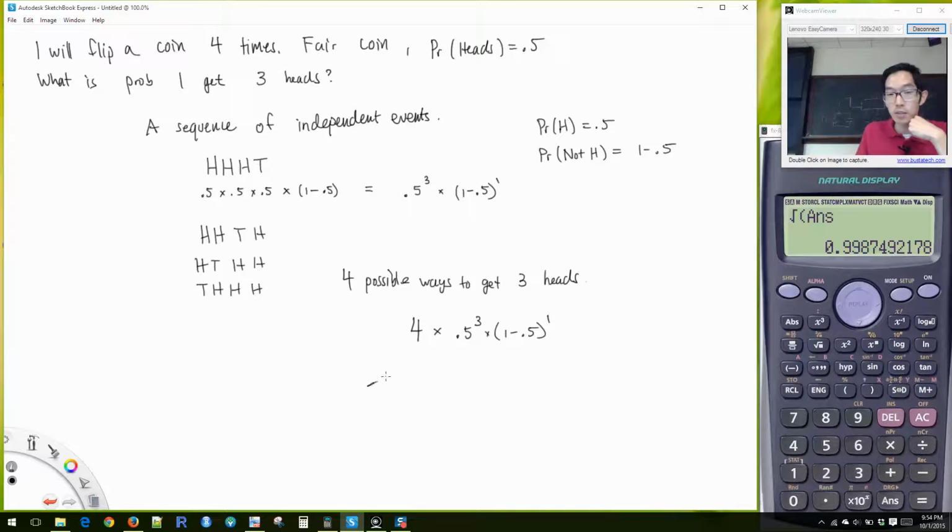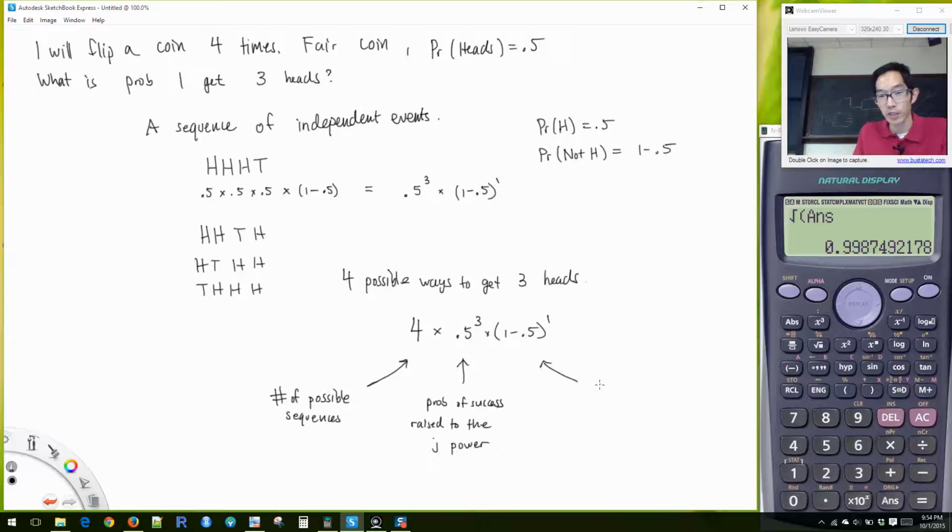So this, number 4, is the number of possible sequences. The second number is the probability of success raised to the j power, because we want j successes, right?